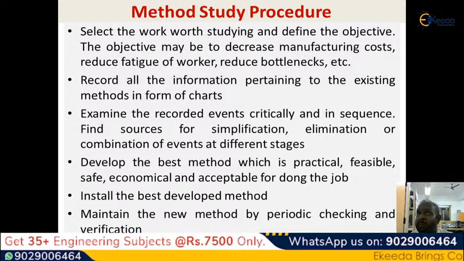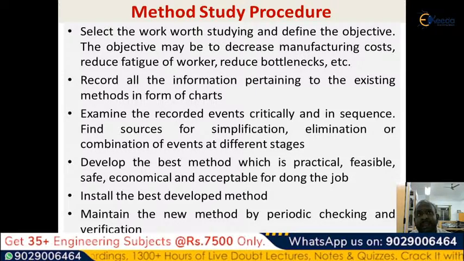Then what is your objective? This objective varies from industry to industry. Some industries have an objective of giving good quality. Some have an objective of reducing the manufacturing cost. Some want to reduce the fatigue of a worker. Some want to avoid bottlenecks, meaning avoid the troubles that happen inside the industry.